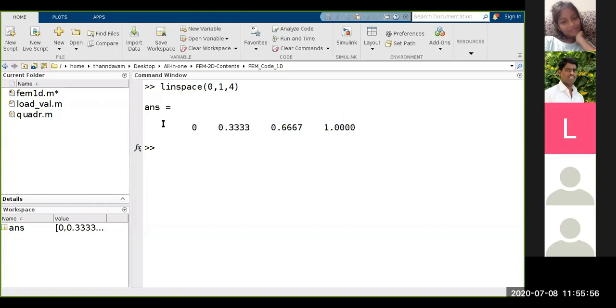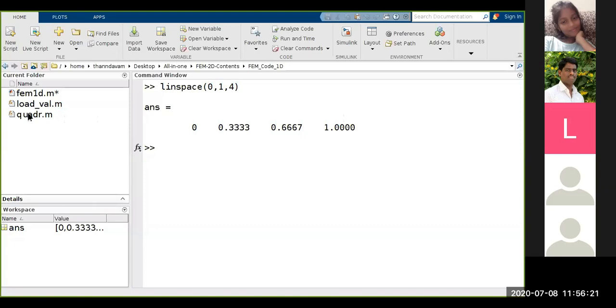Then I am defining a global matrix A equal to sparse of m comma m. It's a global matrix of size m by m. Remember, I am using the word sparse because sparse of m comma m means it will not create a full m by m matrix. Our final matrix is tridiagonal, which means all the entries are 0 except the 3 diagonal entries.